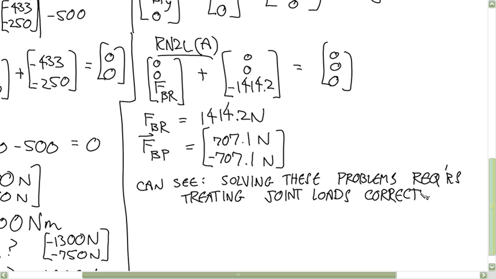So now I'm going to talk about how to know what loads are applied by what joints. Any questions before I go on to this about either of those two problems? So for our purposes, don't think of a joint as something that allows certain motions.